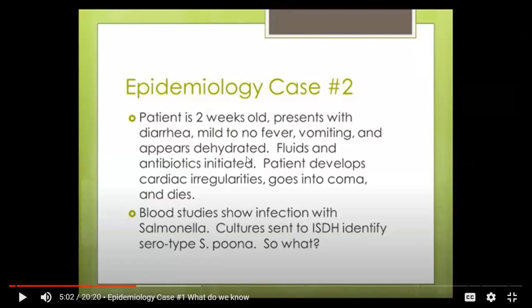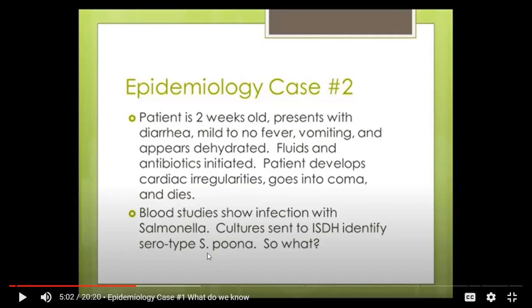So a 2-week-old baby with diarrhea and vomiting means dehydration, and dehydration leads to shock. Fluids and antibiotics were initiated. Definitely the doctor gives fluid replacement and antibiotics because of bad diarrhea, whatever the underlying cause. Maybe they do not know at the very beginning, but if they want to save the life, they have to start the medication.